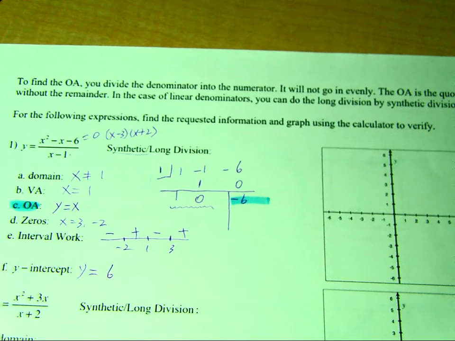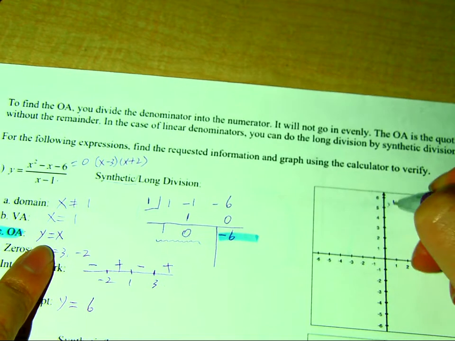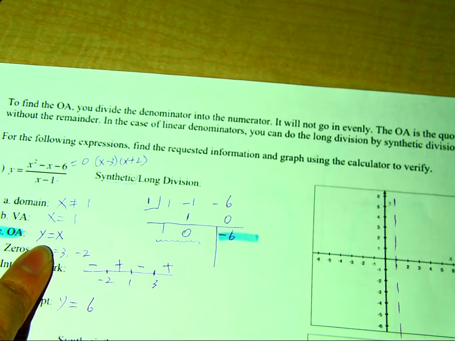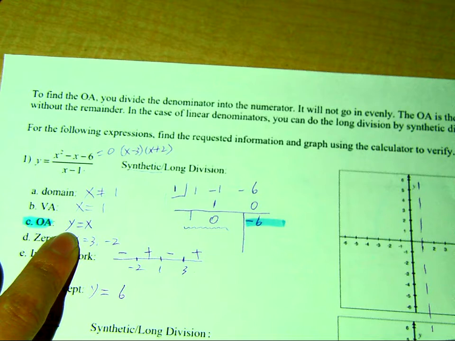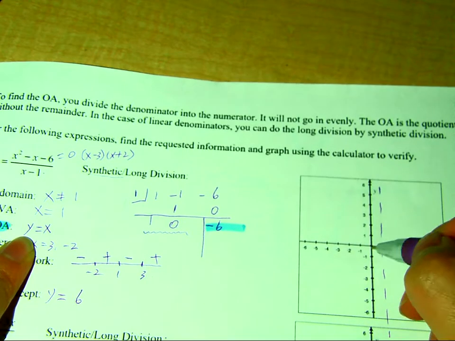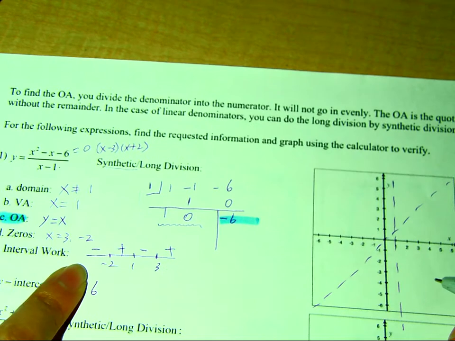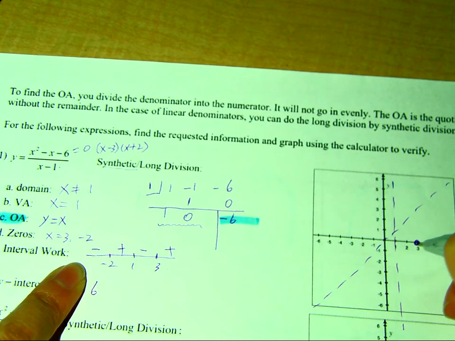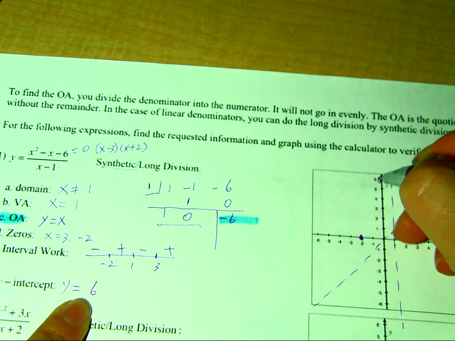Now I'm showing you really quickly how to graph. VA, same thing, 1. And the OA is y equal to x. This time it's not horizontal. It's diagonal, so it will be this one. And then zeros, 3 and -2. Y-intercept, 6.